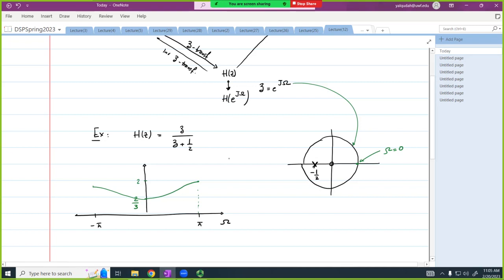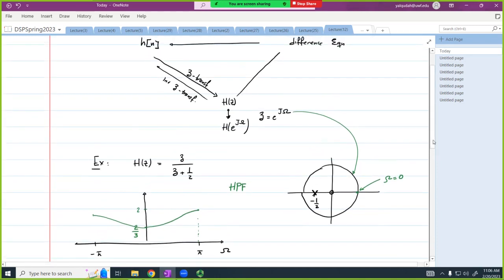A high-pass filter. Now, after we introduce the relationship between H(z) and the difference equation, we'll go back to MATLAB and we'll run some simulation, and we'll show you indeed this is a high-pass filter.